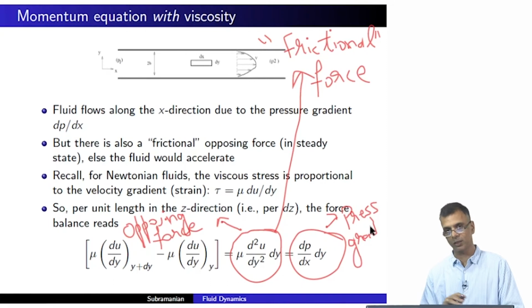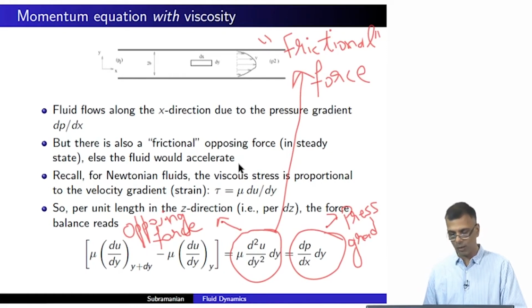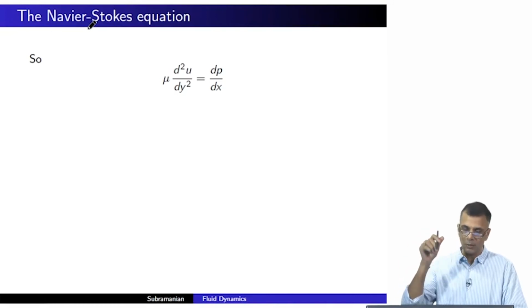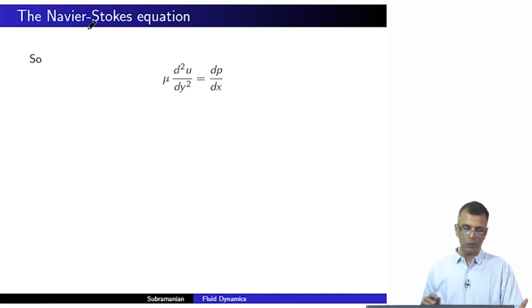And the two are balancing each other because the fluid element is not accelerating. There is no ma. So you can write it like this. There you go. Simpler way, the dy's cancel out, the dz was already implicit, and therefore mu times d squared u dy squared is equal to dp dx.